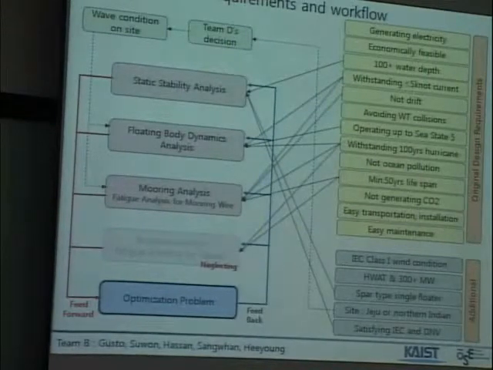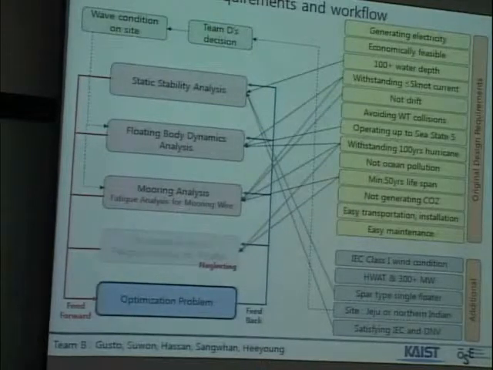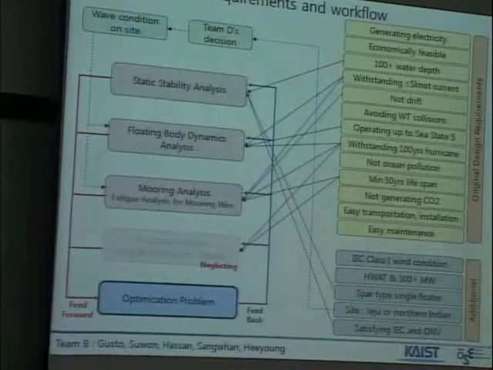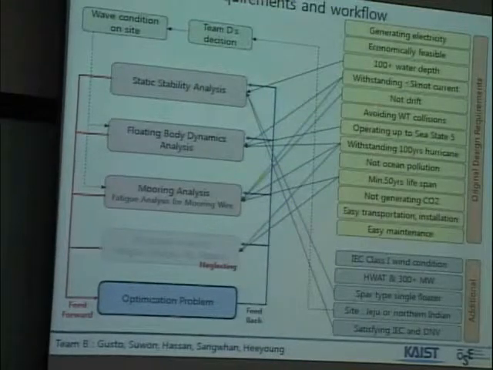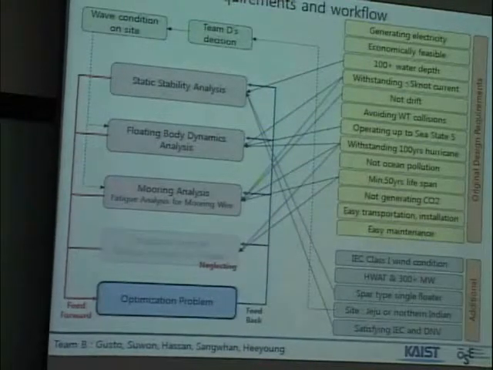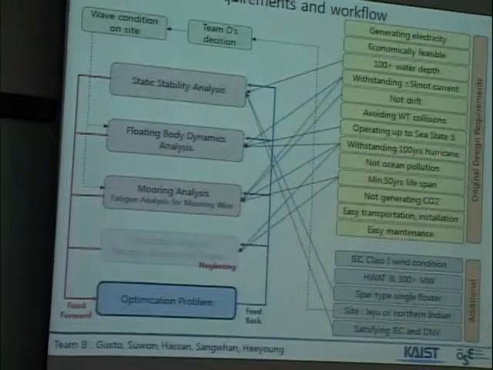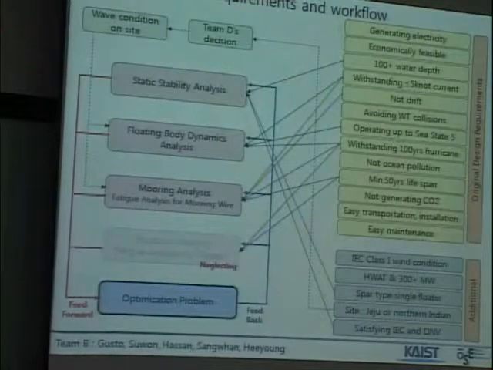For example, the modeling analysis has to satisfy 4 requirements. The first one is that the structure can withstand less than 5 knots current and not drift, withstand a 100 years hurricane, and have a lifespan of over 50 years.